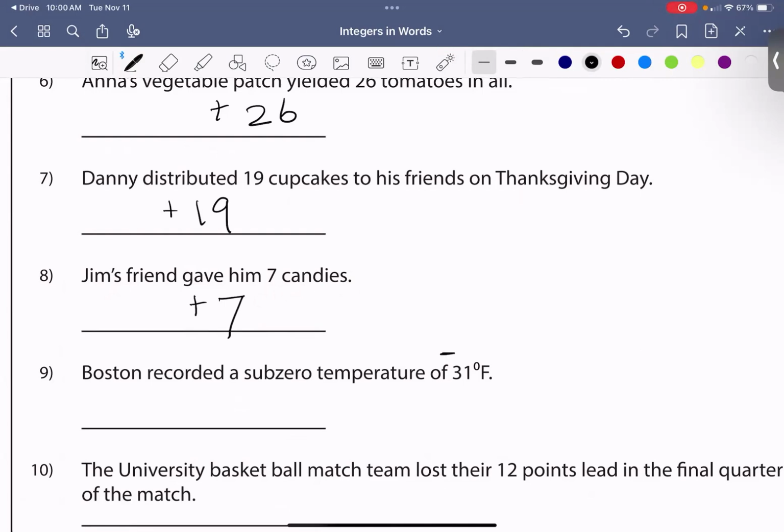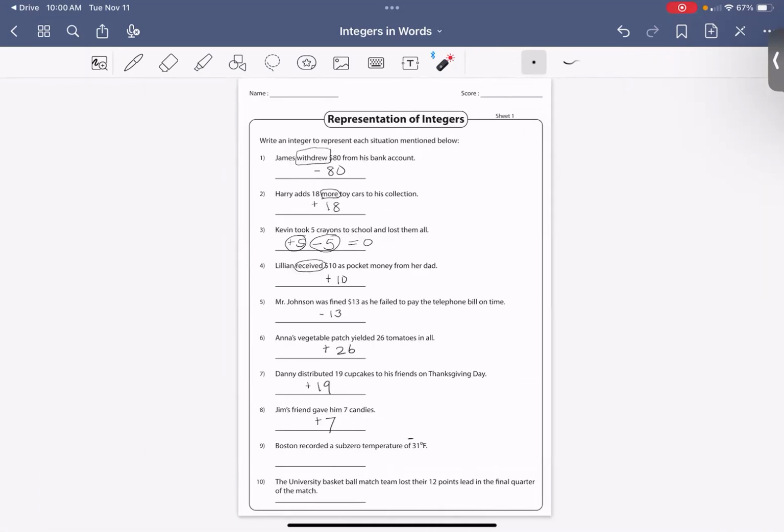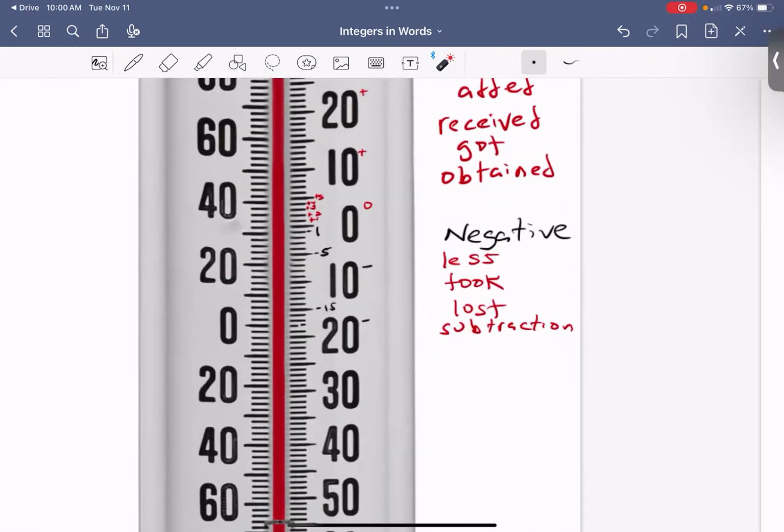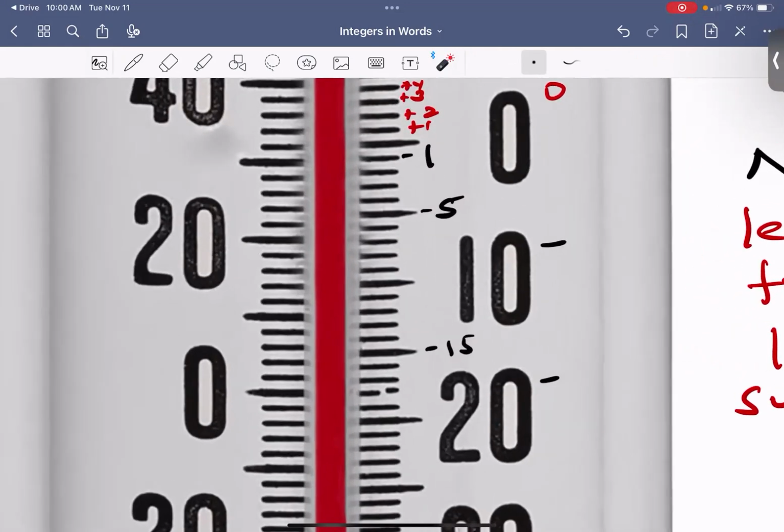Okay, let's look at number 9. It says Boston recorded a sub-zero temperature of negative 31 degrees Fahrenheit. Sub-zero means under 0 degrees. So if we come back here, sub means lower.